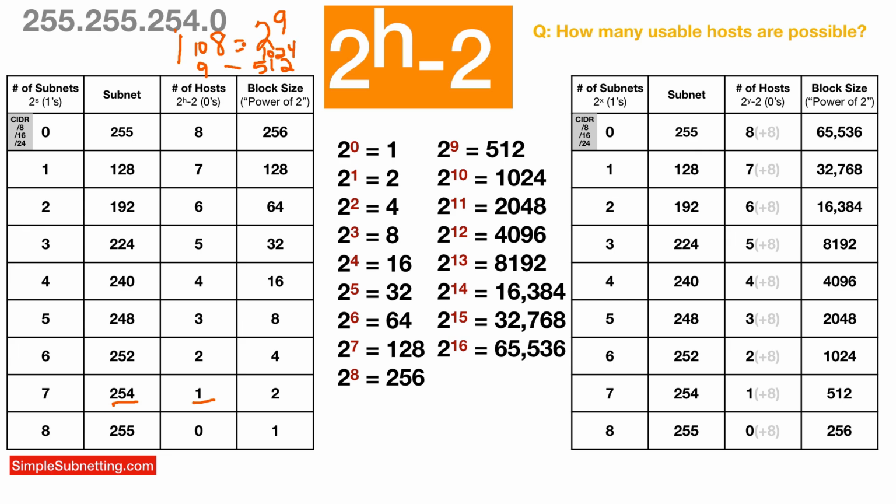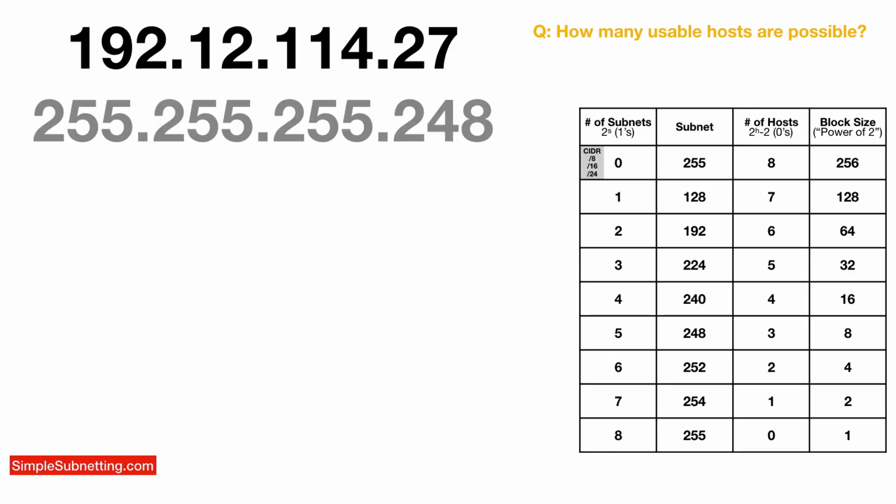You could do it that way, or you can just have it here where you've written 256, 512, 1024. And so you know that's 8, 9, 10. And so that would be 512. So 2 to the 9th is 512. And usable, so minus 2 is 510. So there's 510 available hosts for this subnet mask.